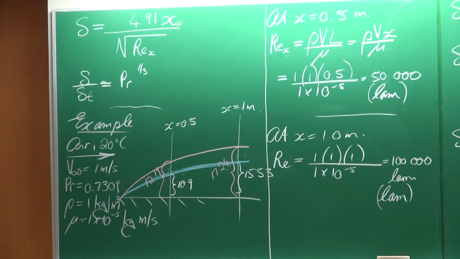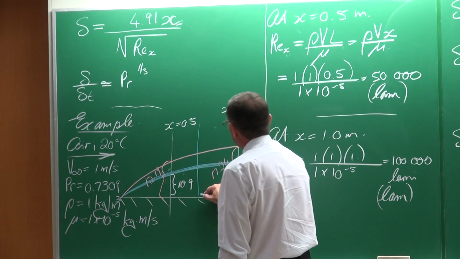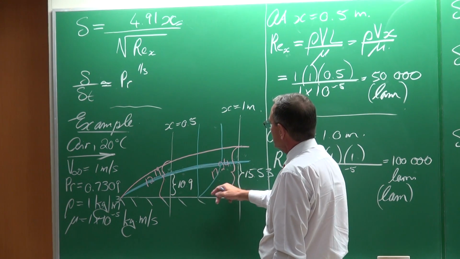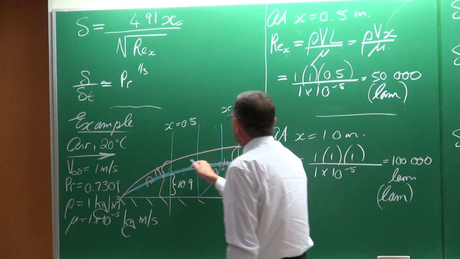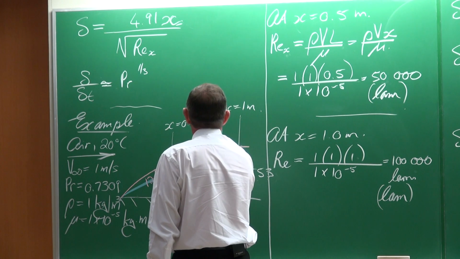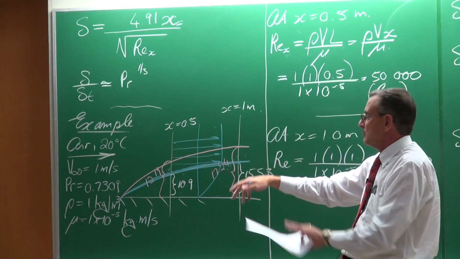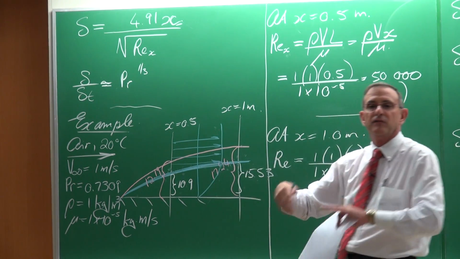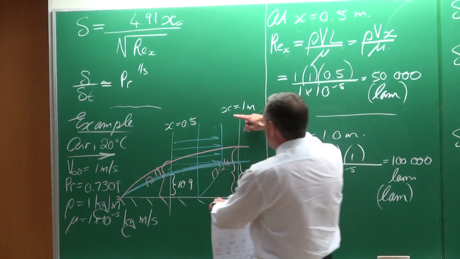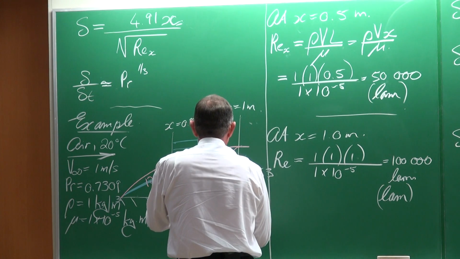What does it mean, those boundary layers? It would mean that if we look at the velocity boundary layer, at that distance the velocity from that point onwards will all be equal to the free stream velocity, which is 1 meter per second. And from there on down, it would be 99% of 1 meter per second. The thermal boundary layer is the temperature difference between the free stream and the plate.